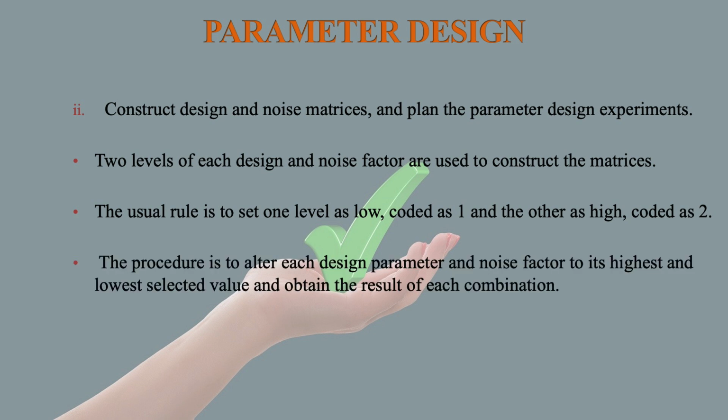The procedure is to alter each design parameter and noise factor to its highest and lowest selected value and obtain the result of each combination. So here it says that in the parameter design process, one has to identify the design factors and noise factors, which are to be tested at two levels, the low level and the high level, so that by trying various combinations, the effective combination of parameters can be selected so that the best results will be achieved.